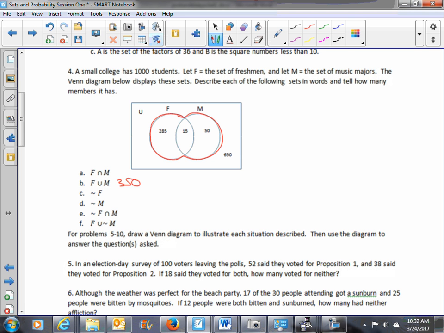Now, C, not F, or the complement of F. That would be students that are not freshmen, and that would actually be this set right here.